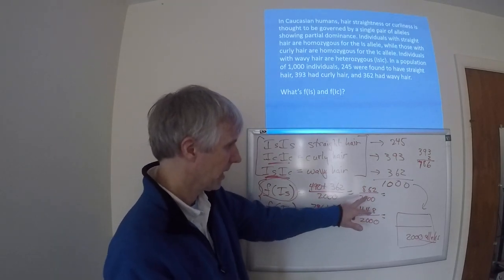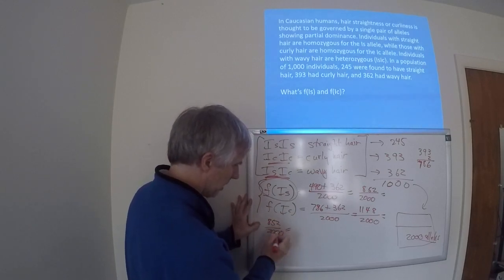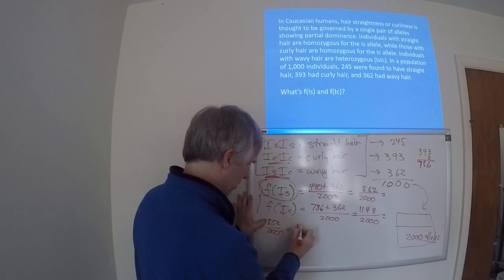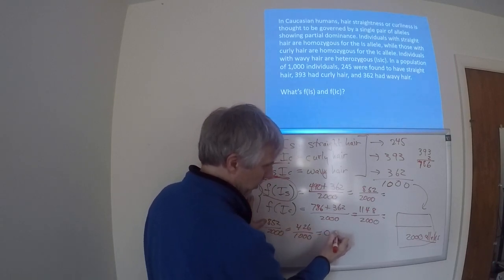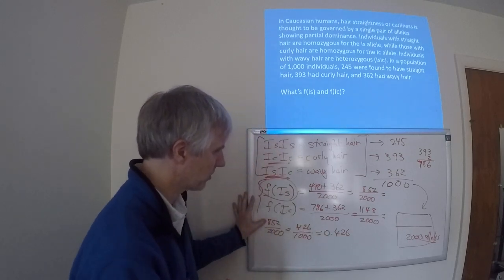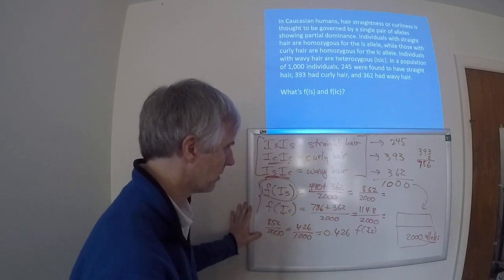All right, so 852 over 2,000 is the same as 426 over 1,000, which is the same as 0.426. So this is the frequency of the IS allele.